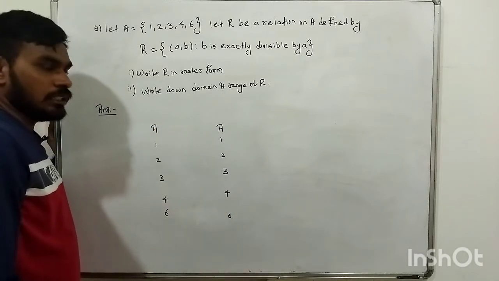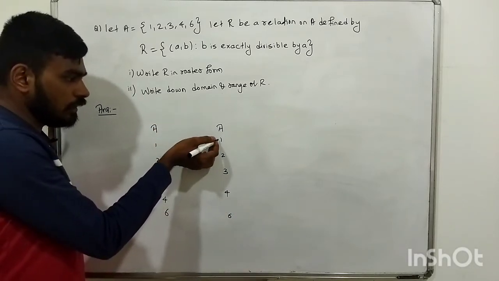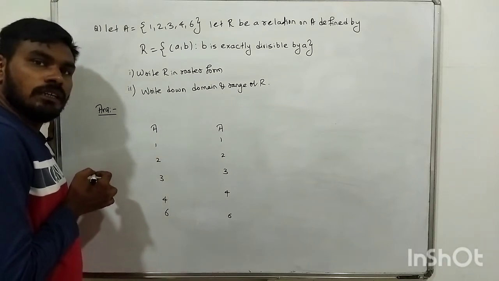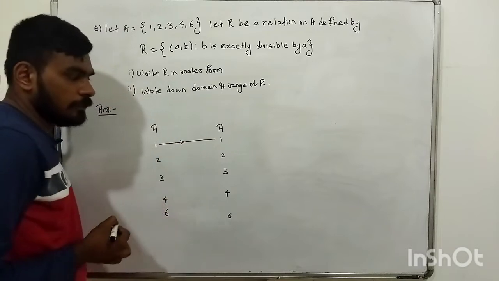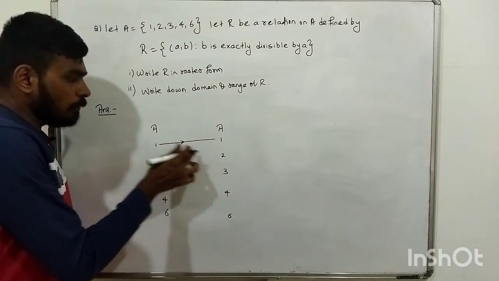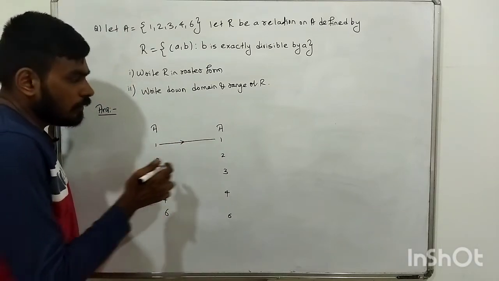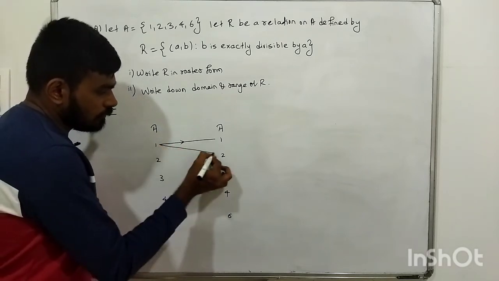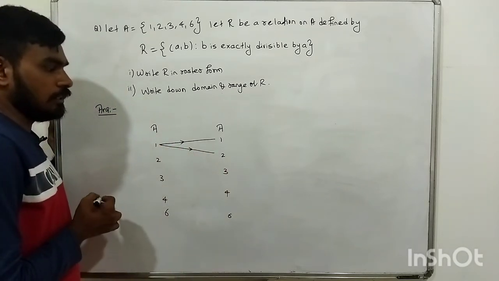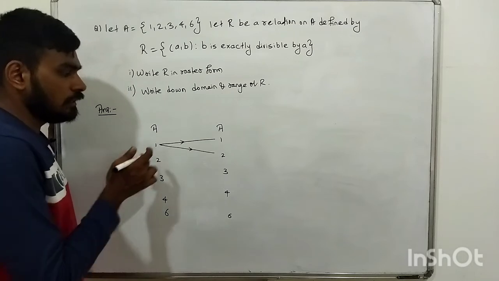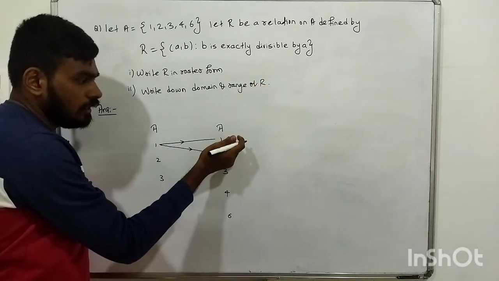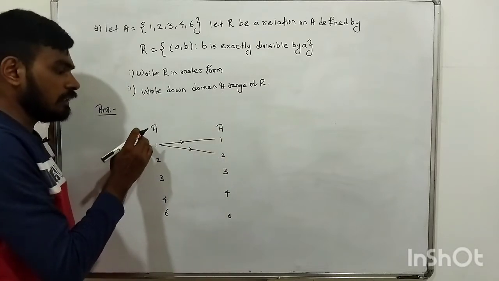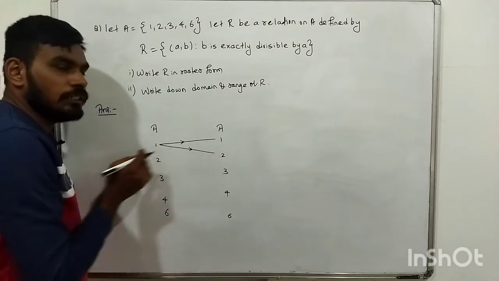So we will check for 1. 1 upon 1 is what? An integer. So 1 is divisible by 1. Correct? 2 upon 1 is an integer, so this also we can take, 1 comma 2. 3 upon 1 integer. Just remember, if second is divisible by first, then we can take first comma second.